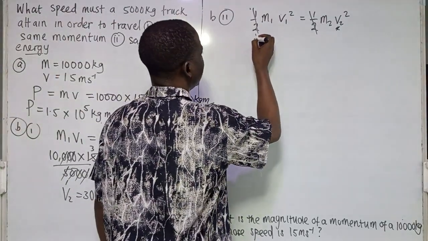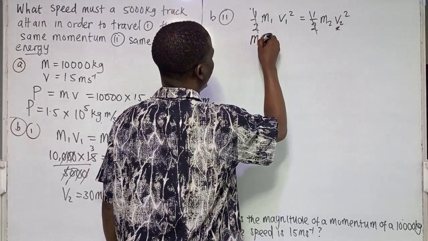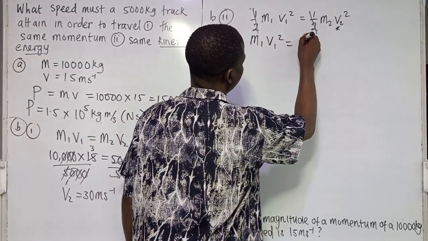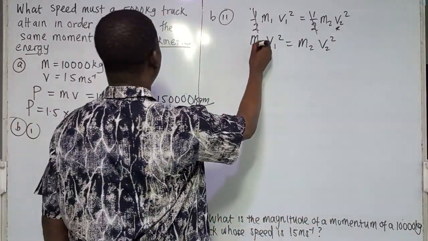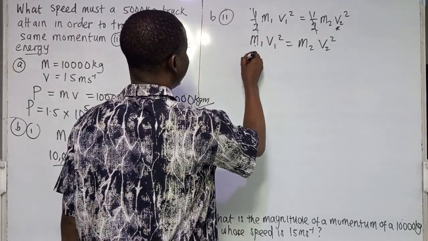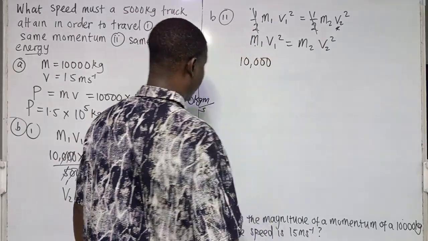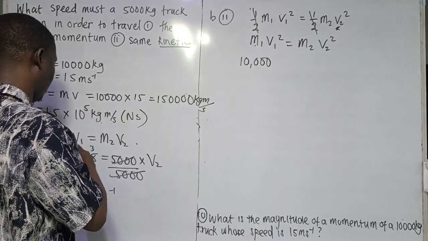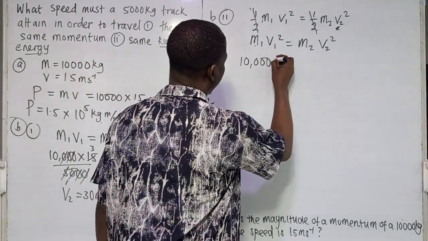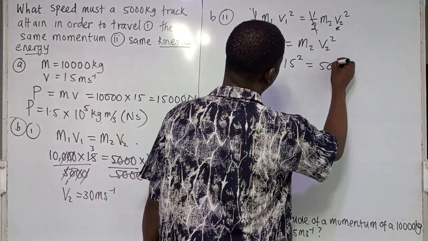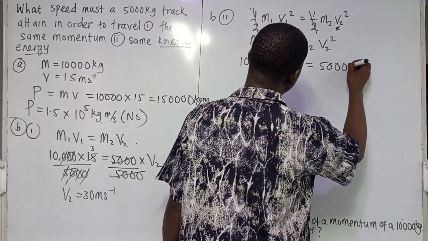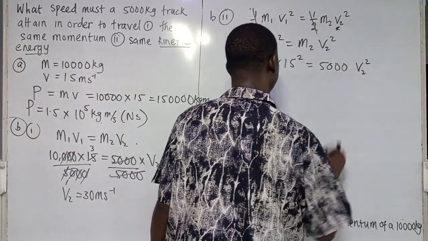Let's solve. So we cancel, and we now remain with M1 V1 squared equal to M2 V2 squared. M1 is 10,000, V1 is 15 squared, M2 is 5,000, times V2 squared.